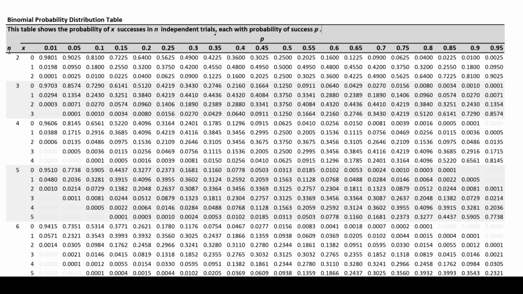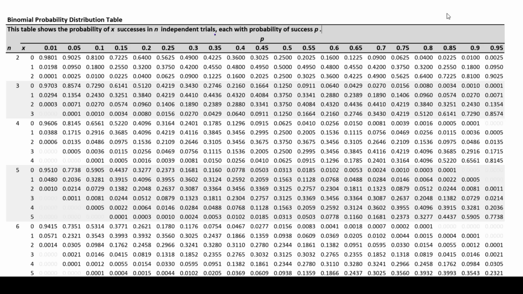This table starts off with the total number of trials, n, along the far left, and then it keeps track of probabilities that are associated with specific numbers of successes. So if I had 2 trials, I could have 0, 1, or 2 successes, and depending on what the success probability is along this row, I am given the probability of exactly that number of successes.